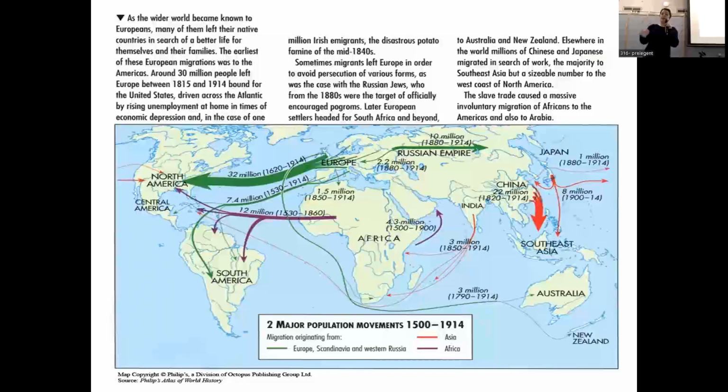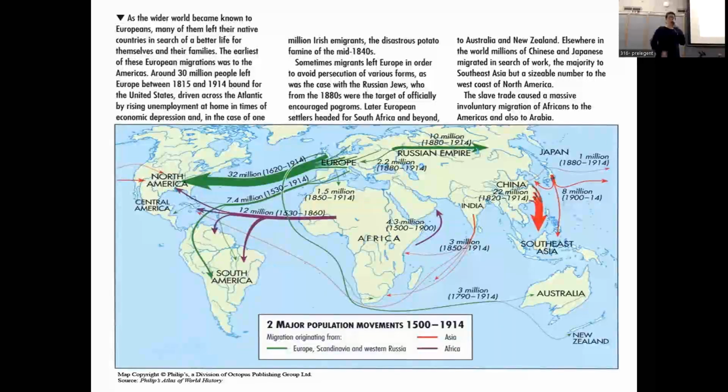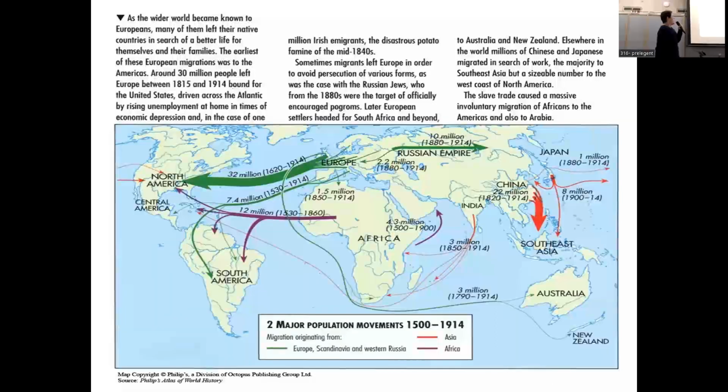A very simplistic explanation, but a very comprehensive image of the kind of movement out of Europe that we're looking at in not only the 19th century, which was the peak, the pinnacle of the out-migration of Europeans to the colonies, but of 32 million Europeans from the 17th century to the beginning of the 20th.